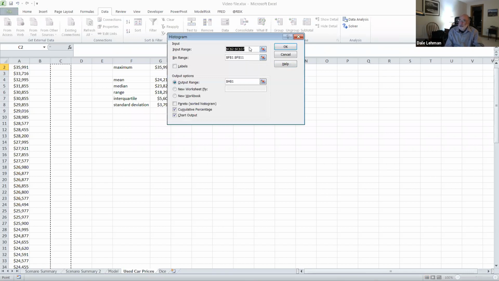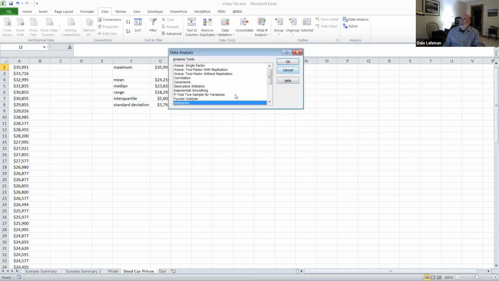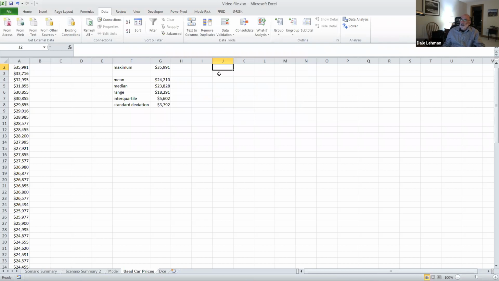Now I think I can use the used cars. Oh, I need a bin range first. We'll have better tools with other software. The histogram is kind of clunky in Excel because you have to develop a bin range first. Well, we sort of know what range we want because we can see the prices go from 17,000.